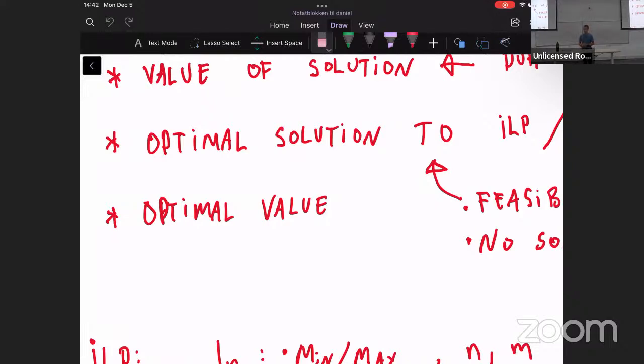So when I give you an ILP instance, what you want to know is: is it feasible? If yes, is it unbounded? If no, what is the optimum value? Most of the time when we're faced with ILPs, especially ILPs that come out of other applications, it is obvious that it is feasible and that it has an optimal value.